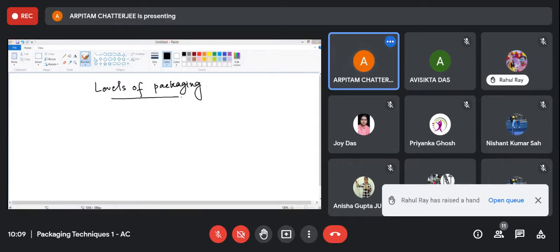Sir, first there is a box, and then inside there is a bottle which is tightly sealed, and the box contains the name, the date, the expiry date, the pricing and the contents.